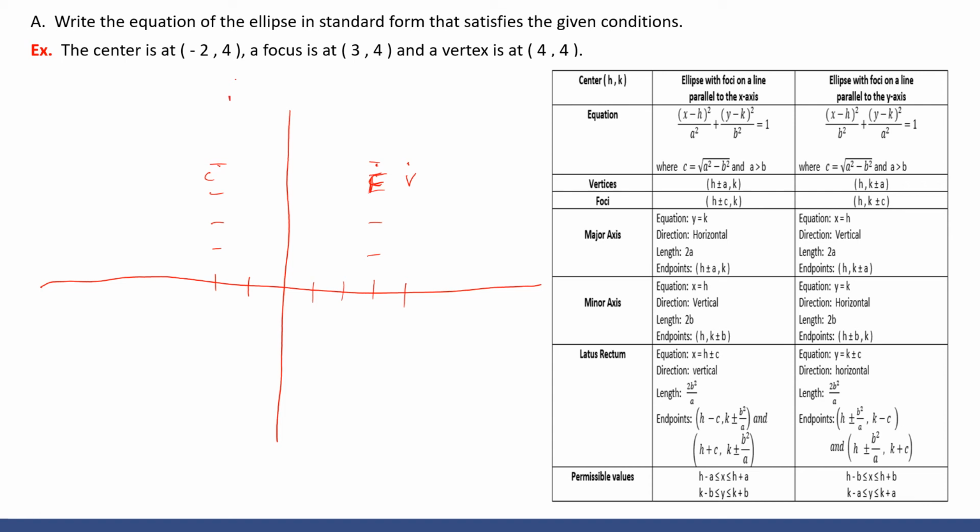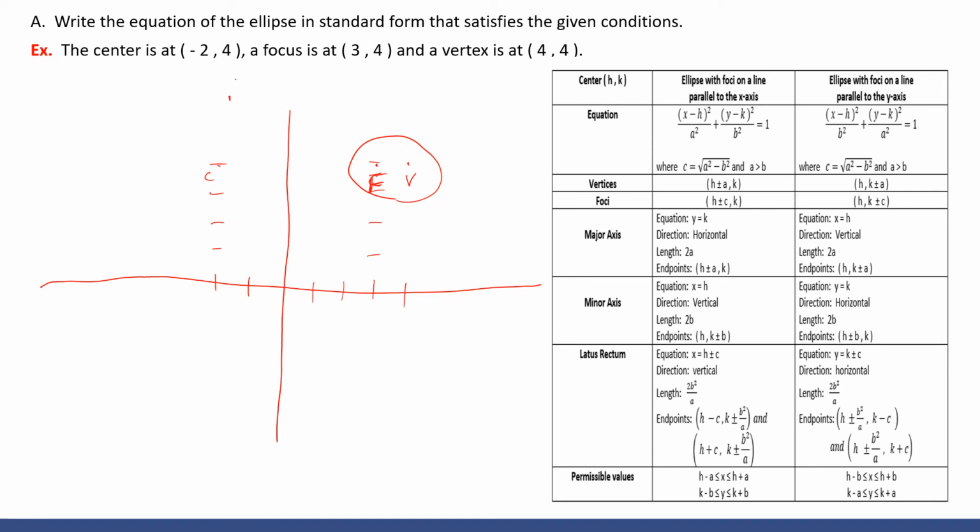At dahil siya ay horizontal, ibig sabihin, itong portion na ito ay nasa kanang bahagi. At dahil siya ay nasa kanang bahagi, basically, we know na if you look at our x-axis, pag sinabing kanang bahagi, you are adding a number coming from a certain number.